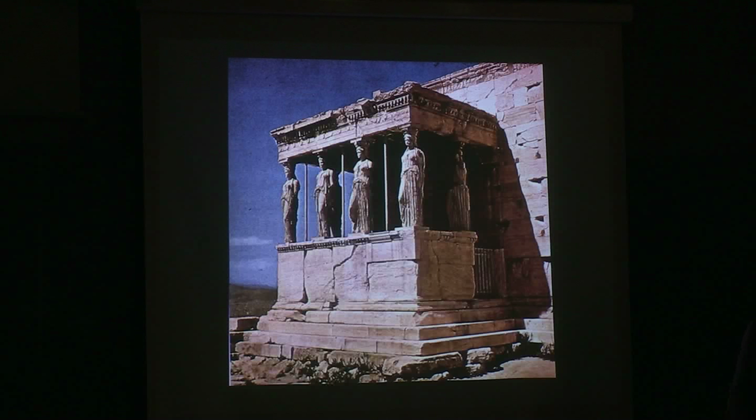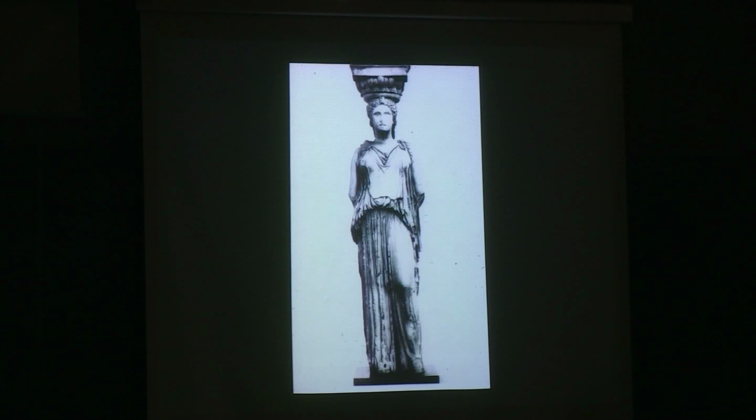So nothing can show perhaps better than the caryatids this intertwining of the skills of the architect and the sculptor together. So here you have a tetrastyle. I mean, we have 4 columns instead of 6 or 8.